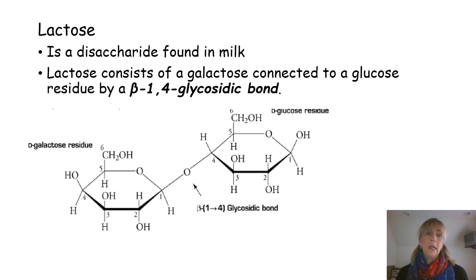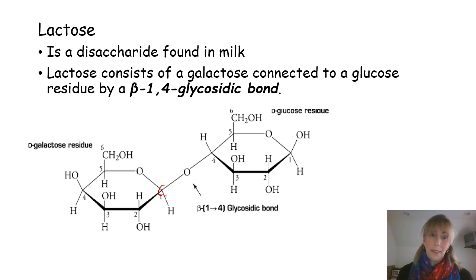So the beta is telling us the position of that anomeric hydroxyl group. It was pointing up. So beta comes from that. Remember, alpha and beta designate the position of the OH on the anomeric carbon.